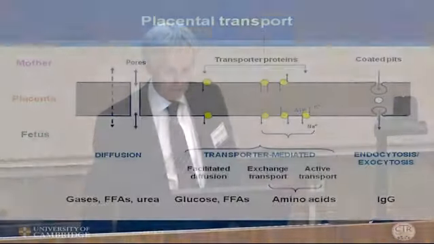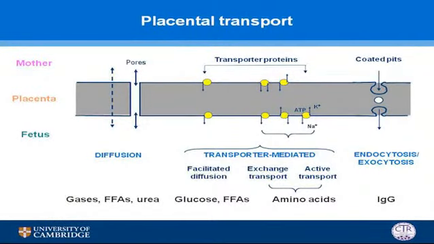But in fact, there are several different mechanisms for materno-fetal exchange across that membrane, and this cartoon summarizes those mechanisms. We can have simple diffusion, whereby nutrients cross the membrane, or they actually pass through what are thought to be fluid-filled pores.